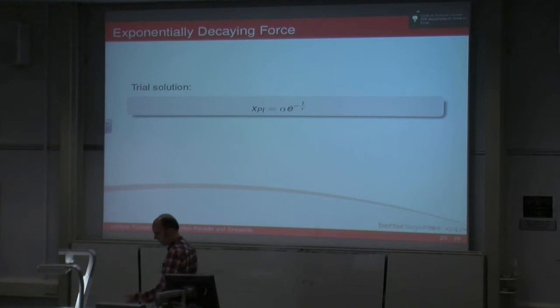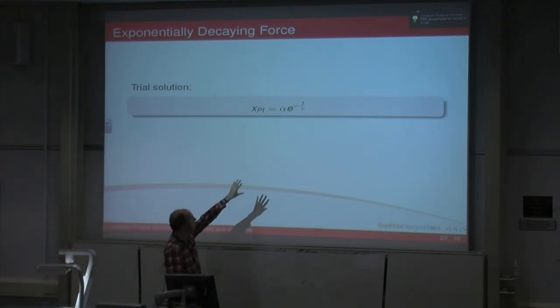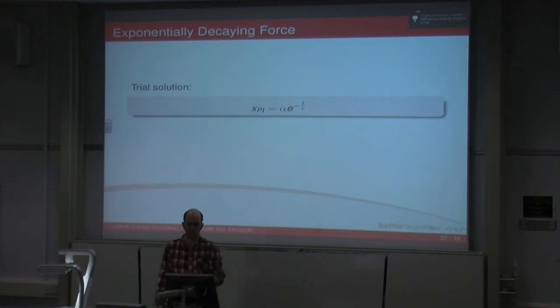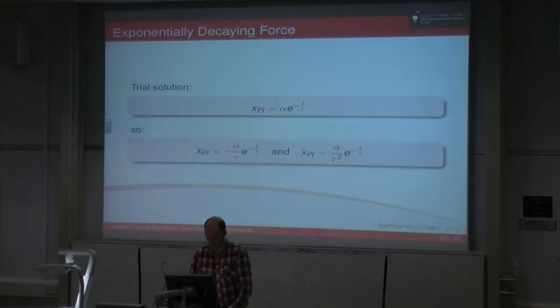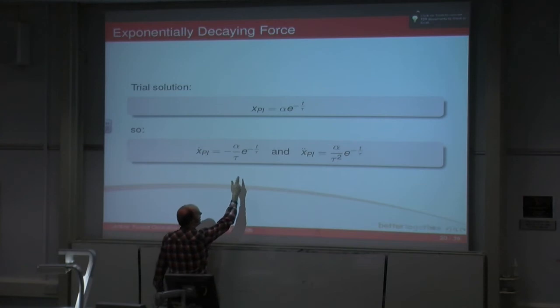So our trial solution takes the same form, alpha e to the minus t upon tau. Okay, we take the same exponential, but we stick a different constant in front of it because we're not sure what that constant could be. You take the derivative of that, and you get a minus 1 upon tau out.